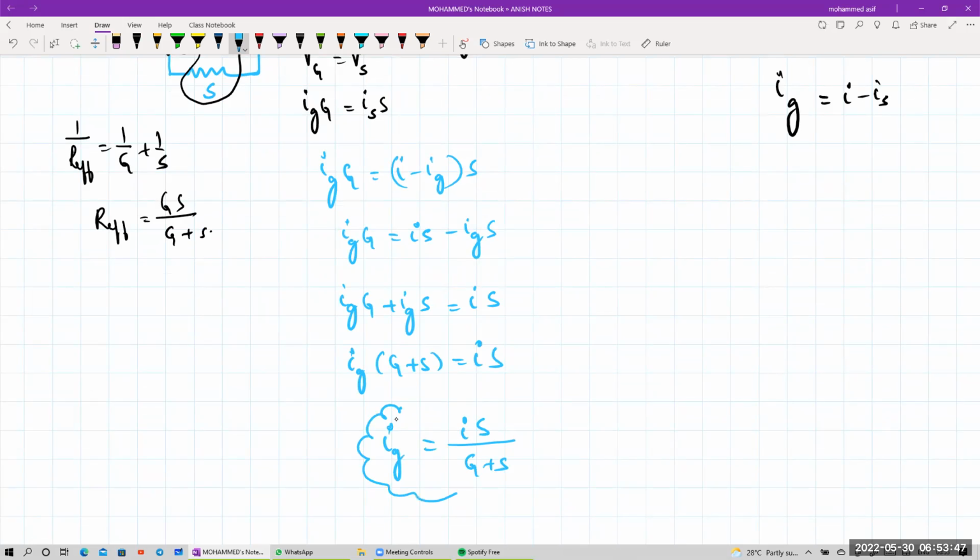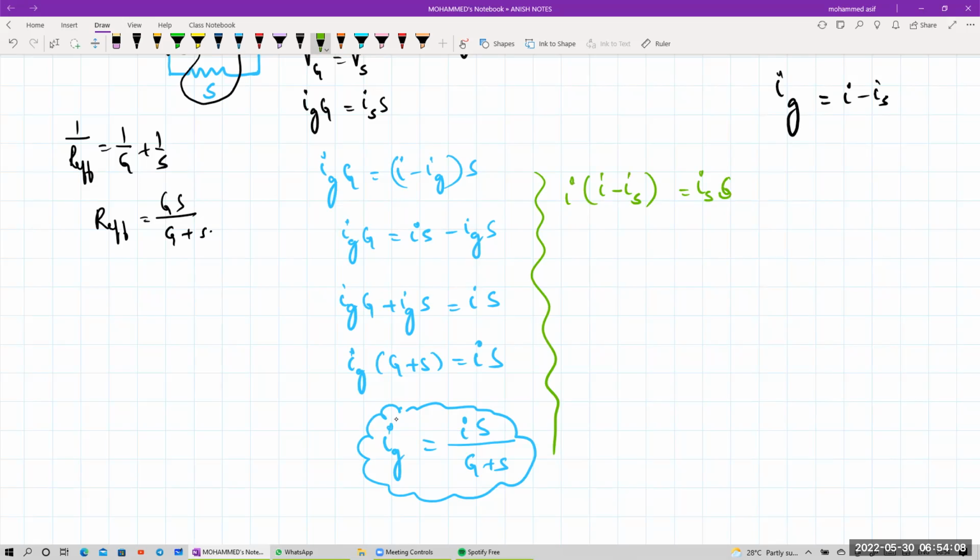In the same way, if I need the current through the shunt, I can write Ig as I minus Is, so Is into S is equal to G into Ig.